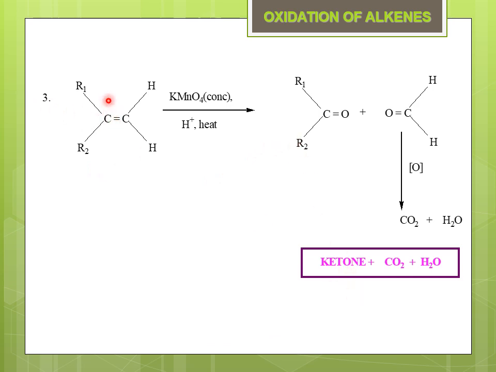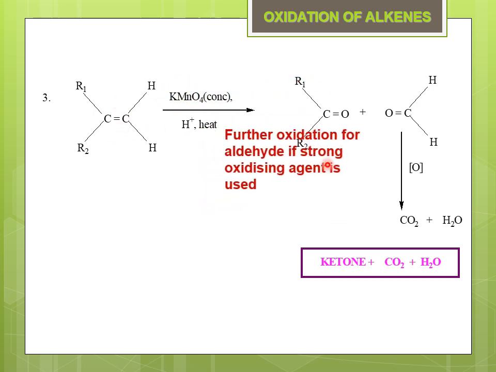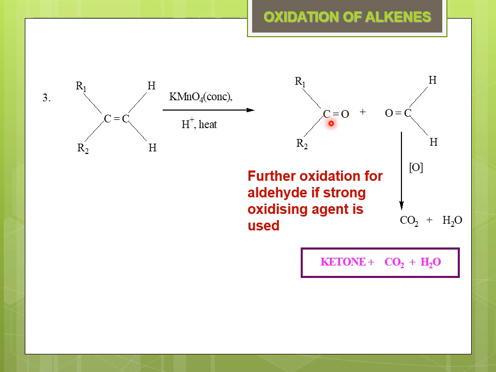The double bond is breaking, undergoing cleavage, and is going to produce 2 compounds with a carbonyl group. So this carbonyl on the left would be a ketone, but on the right it has 2 H's, meaning that this methanol is going to be oxidized further by potassium permanganate and produce carbon dioxide and water.